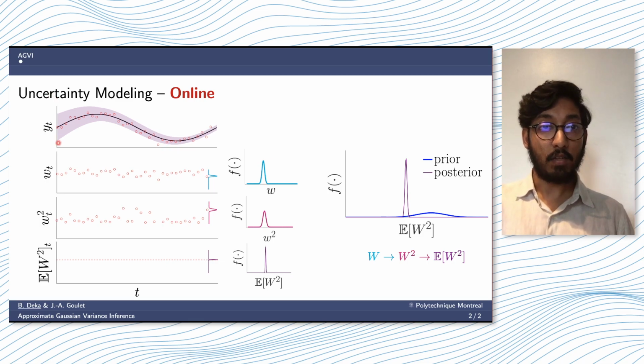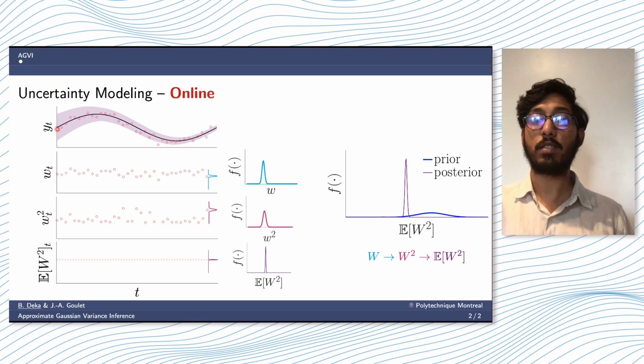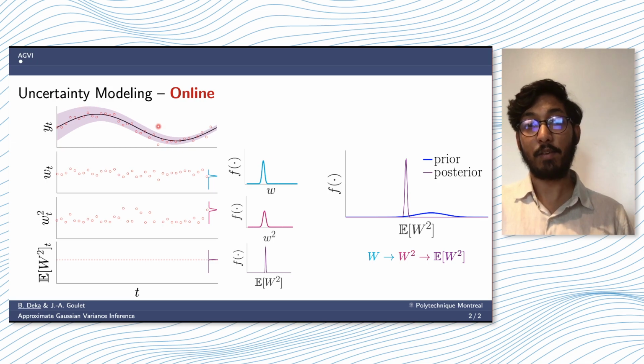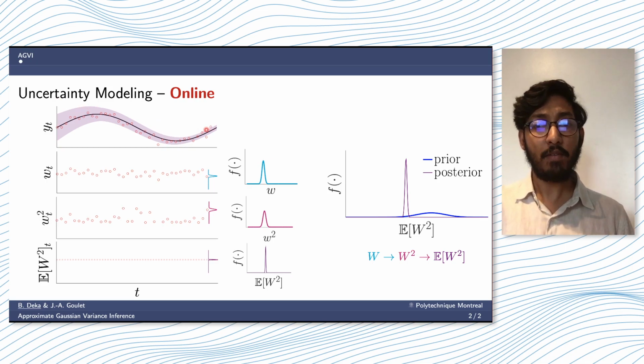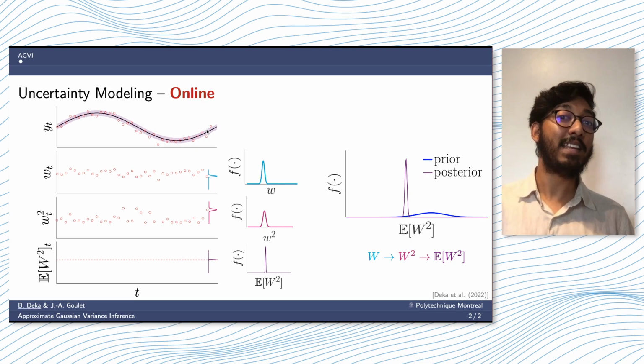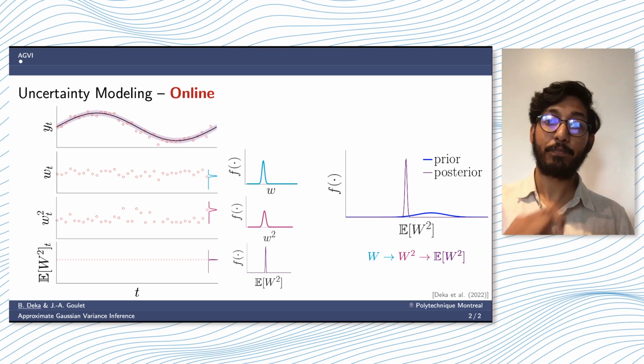Also, you can see that in the beginning, since we started with a broad prior, we have a large uncertainty. But as we see data points and reach the end of the time series, we have identified the correct aleatory uncertainty present in the data.